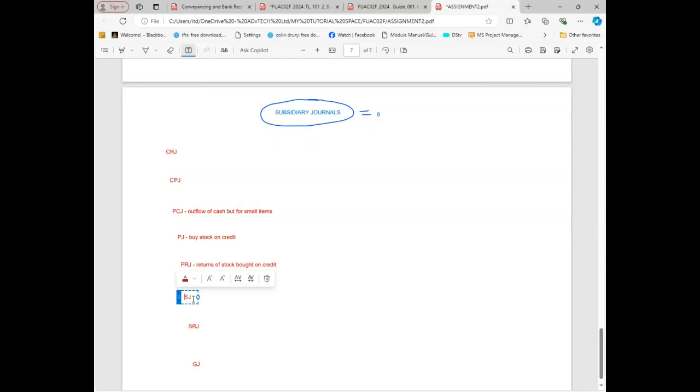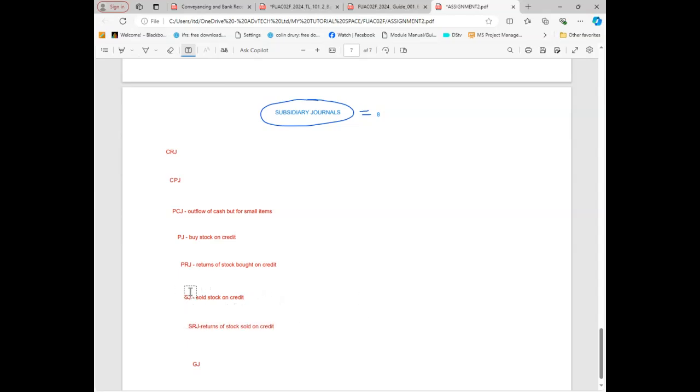Sales journal. It'll be all the sales that the business has made. When you sold stock on credit. Are we together? Does that make sense? And then this one, obviously, returns of stock sold on credit.